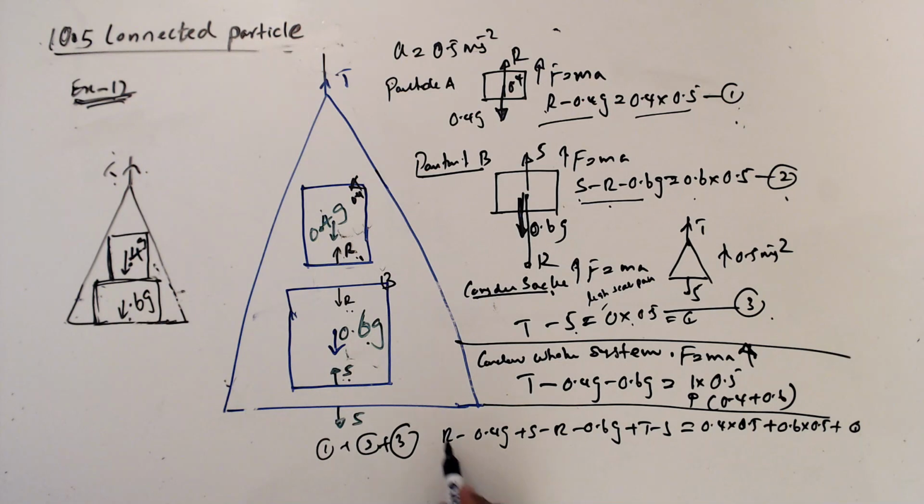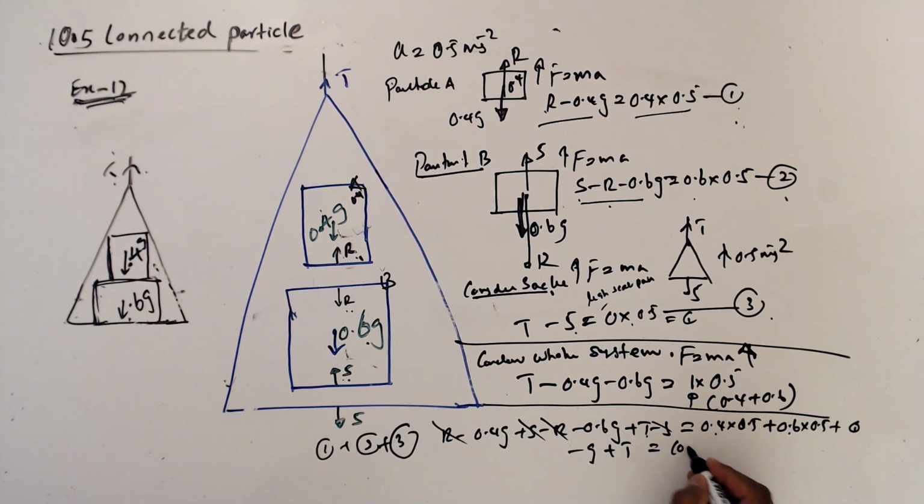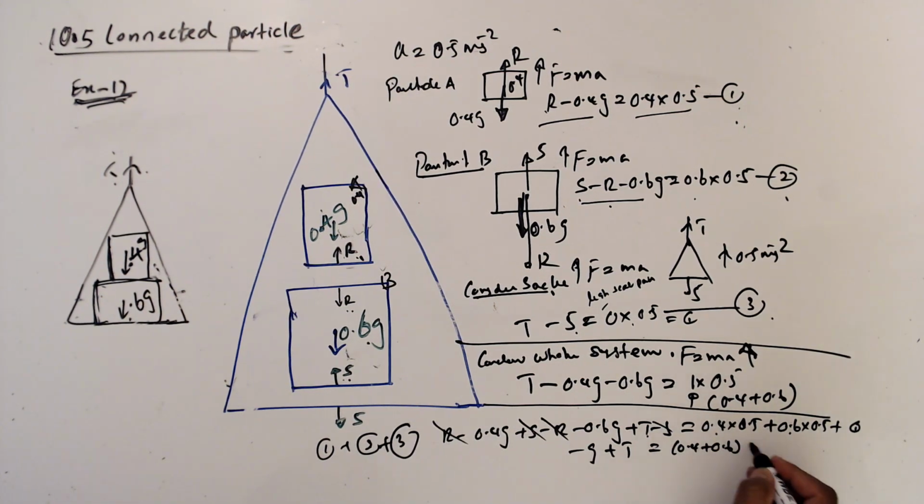So you can see that minus R plus R cancel out, plus S minus S cancel out. So T is here, this is minus 1G plus T equals 0.5 times 0.4, plus 0.6 times 0.5, factorize, 0.4 plus 0.6 times 0.5. So this becomes 1, 1 times 0.5, minus G plus T. So you will get the same answer.